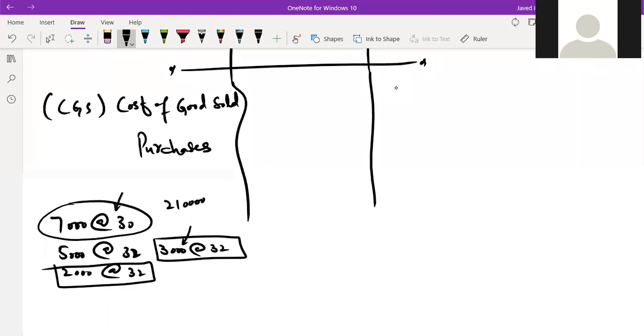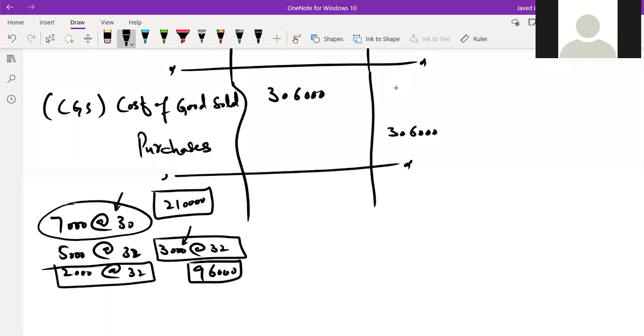And this would cost them how much? 96,000. So you can add these two costs and write them here. So 210,000 plus 96,000 is your cost, which is 306,000 from your business.